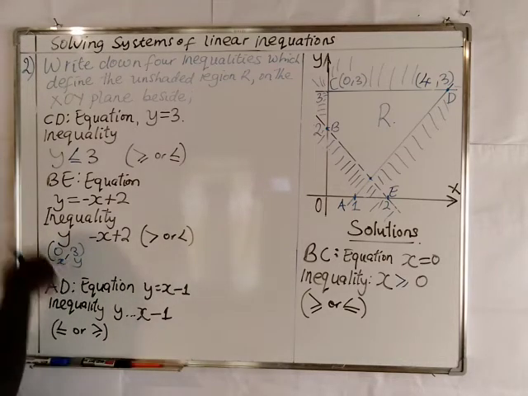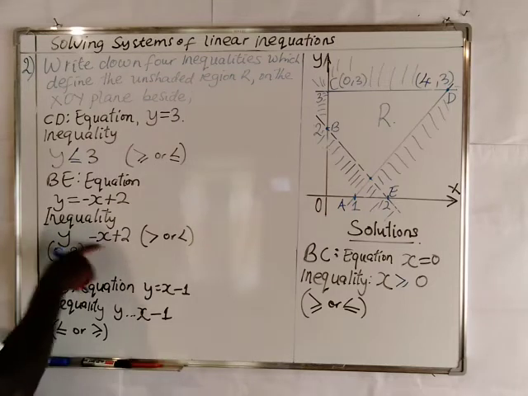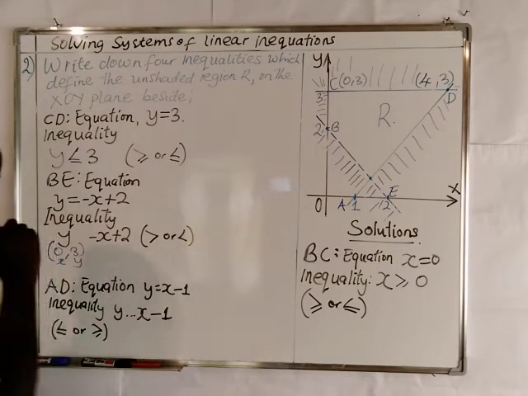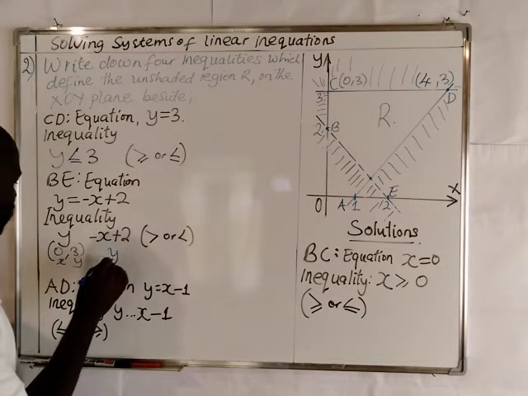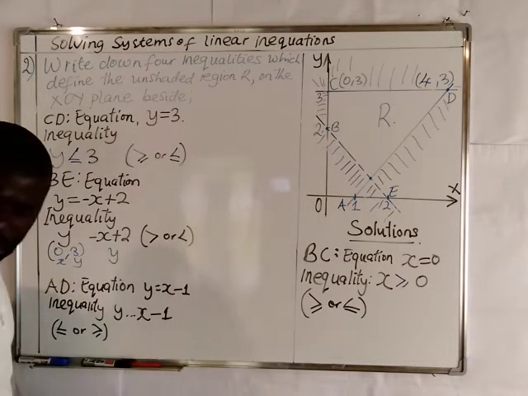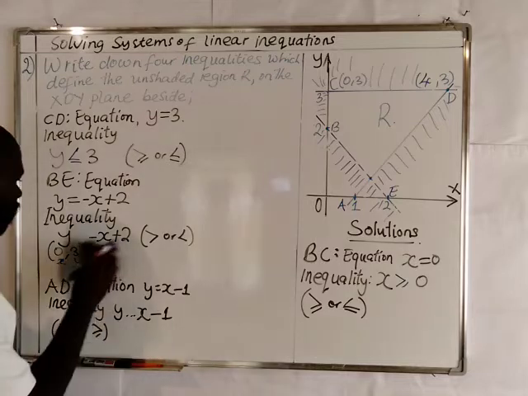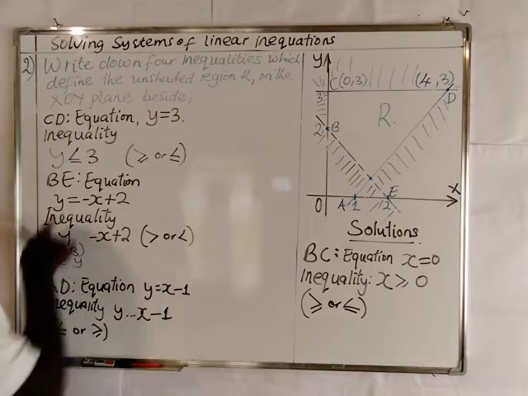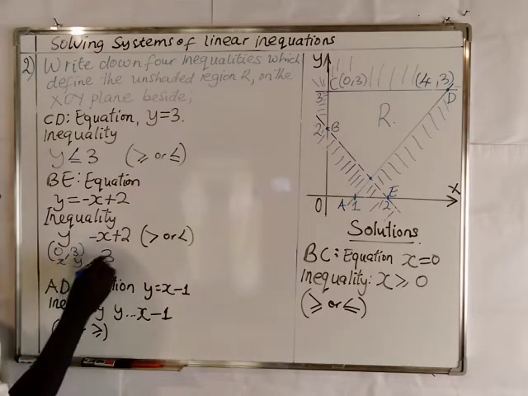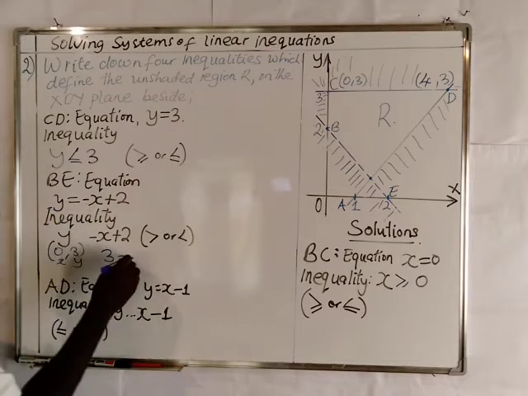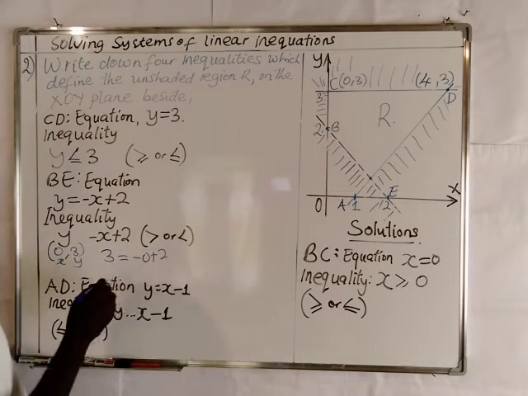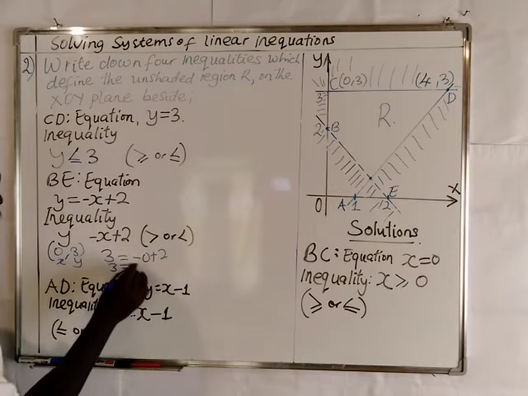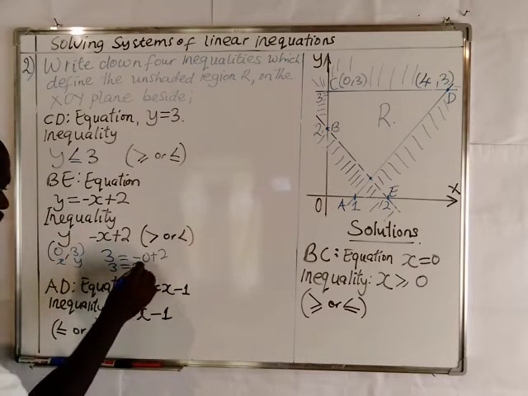So this coordinate, I'll put into the equation, so where we have y, we'll put 3. So we have 3 equals negative x plus 2, so that we have 3 equals 2, which is not making sense.